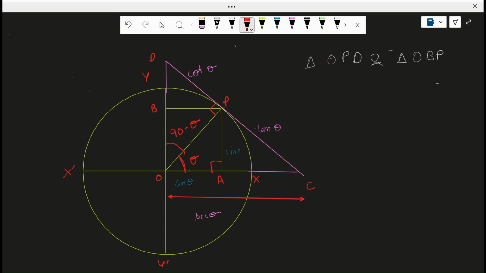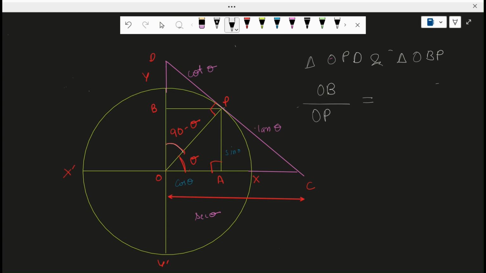Therefore, by similarity of triangles, we can again see that our length OB, if this is our angle, then length OB will be the adjacent, that will be the base, and OP will be our hypotenuse.